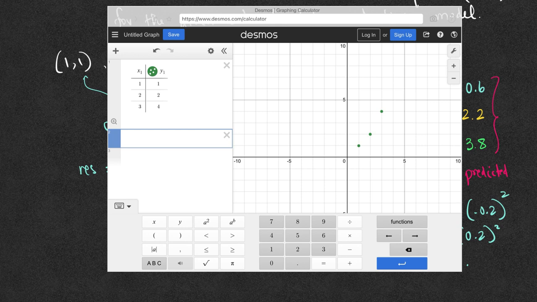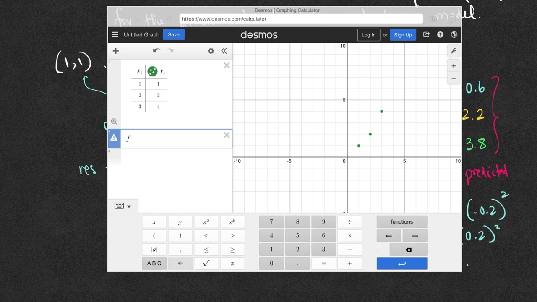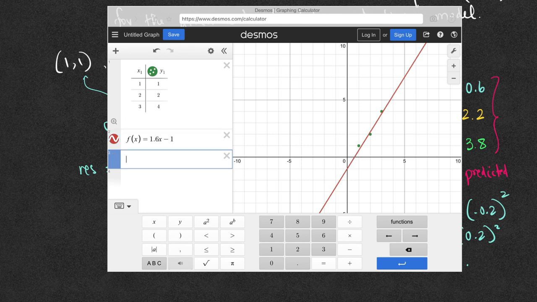With a graphing calculator such as Desmos.com, it is better to use function notation. So in this case, we would write f of x equals 1.6x minus 1 instead of y equals 1.6x minus 1. Now to evaluate the predicted value, we simply bring up the function f.